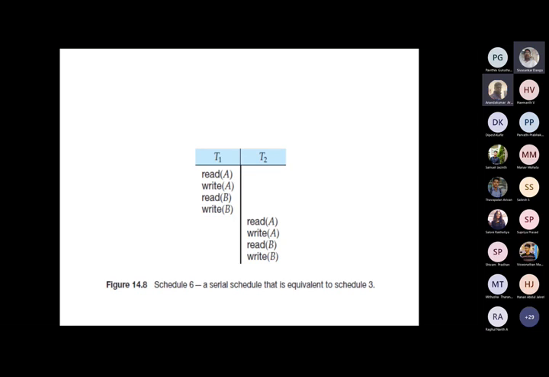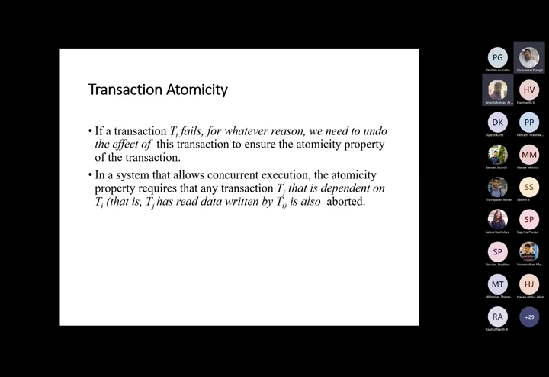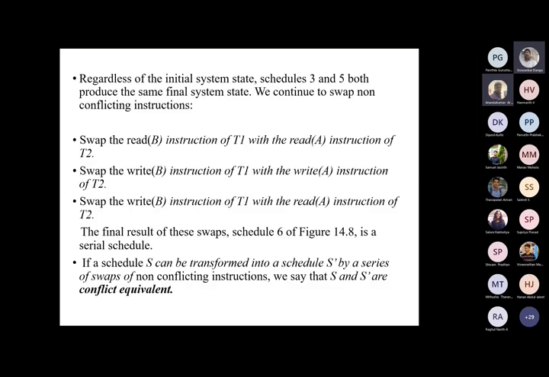So now you can say that these instructions can proceed without any conflict, right? So if a schedule S can be transformed into a schedule S dash by a series of swapping operations of non-conflicting instructions, we say that S and S dash are going to be conflict equivalent.